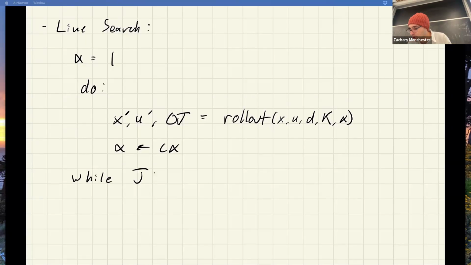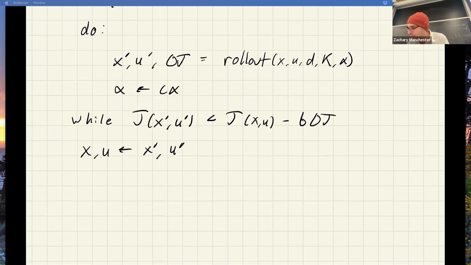We evaluate the actual cost on our new trajectory, x prime, u prime, and we want that to be less than our old cost minus this expected decrease with some tolerance on it, right? That's the same stuff we had before. If it's not satisfied, we backtrack until it is. And then once it's satisfied, we make our primes the new trajectory and repeat.